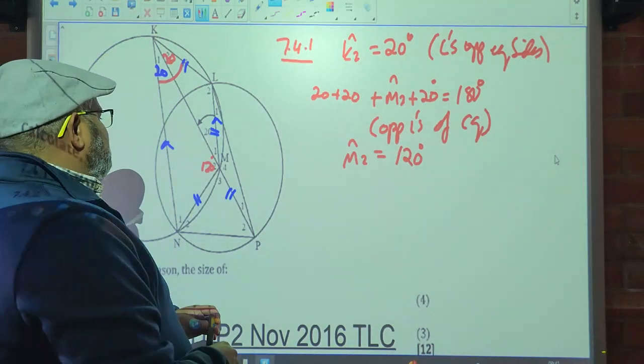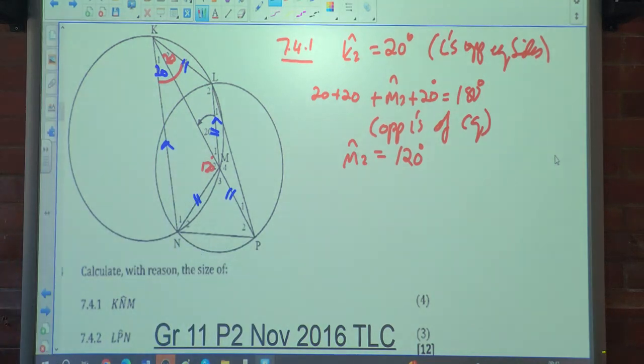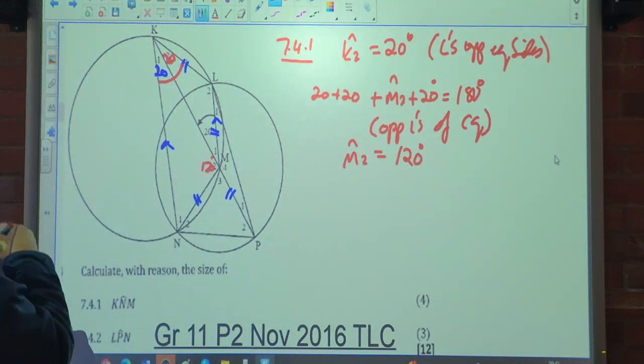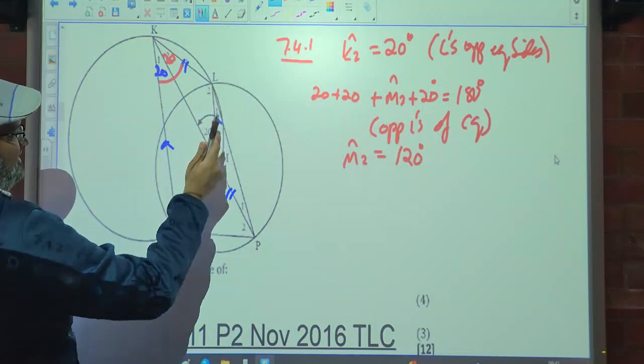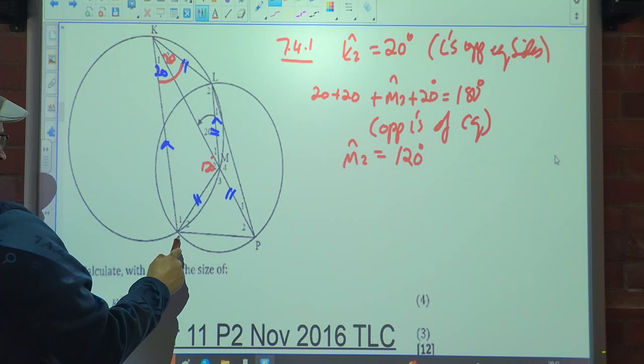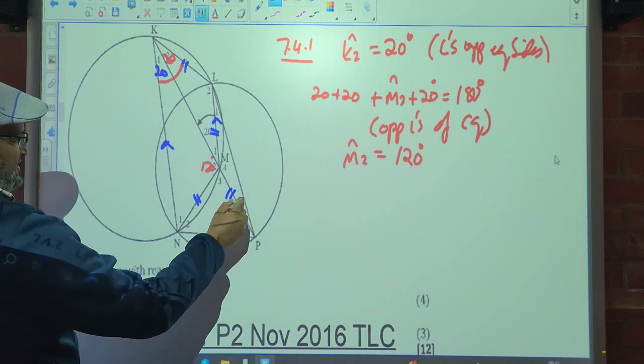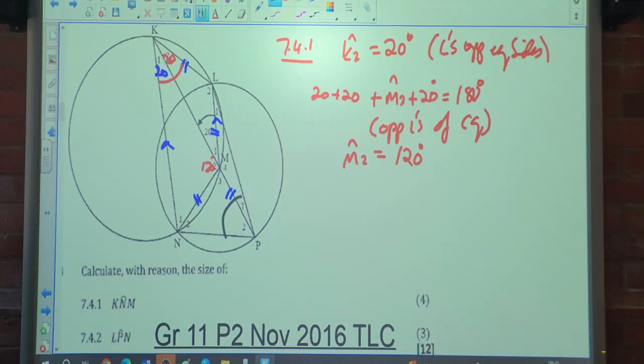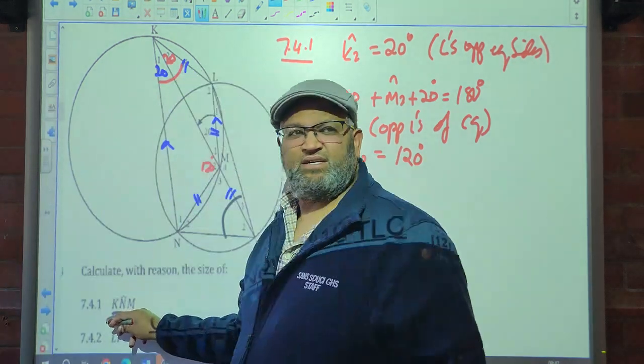And then in the last question, they want to know the size of LPN. This is the whole angle here. Okay, this is the problem here.